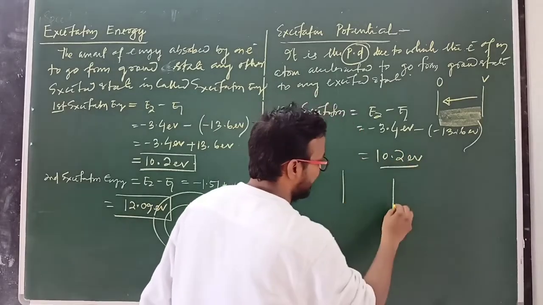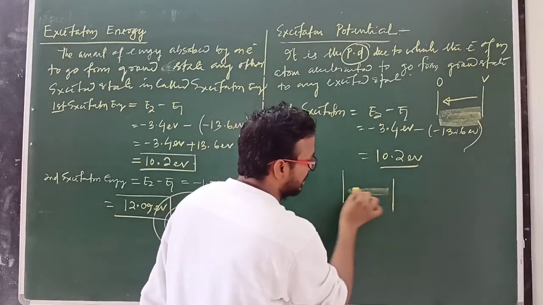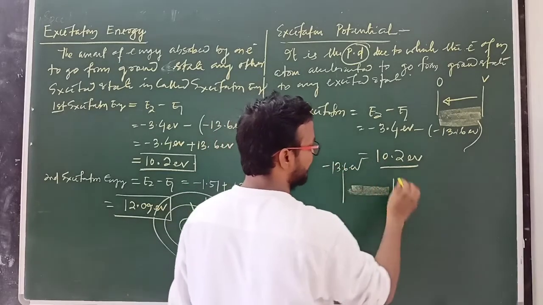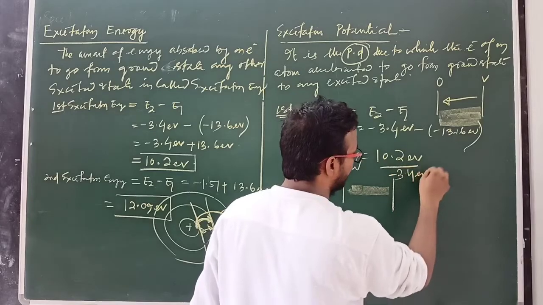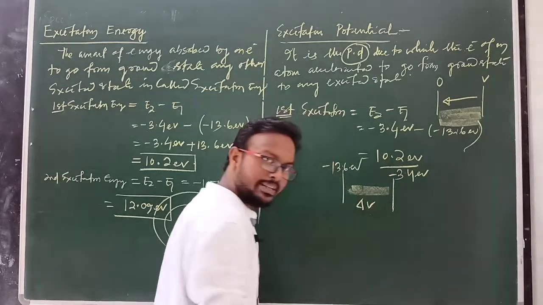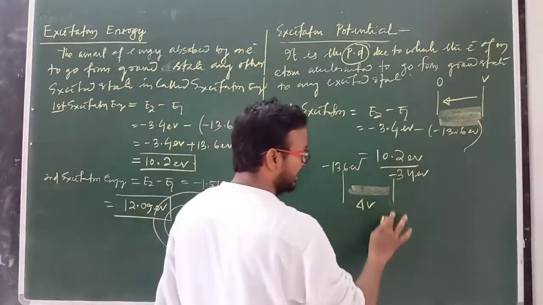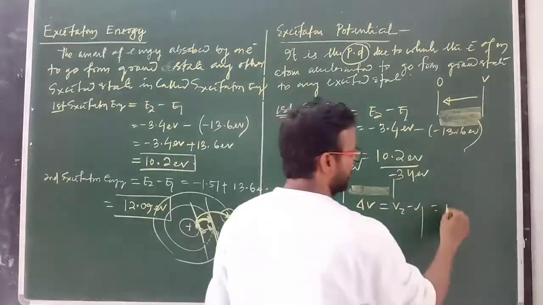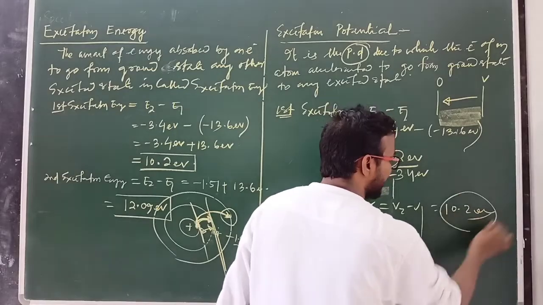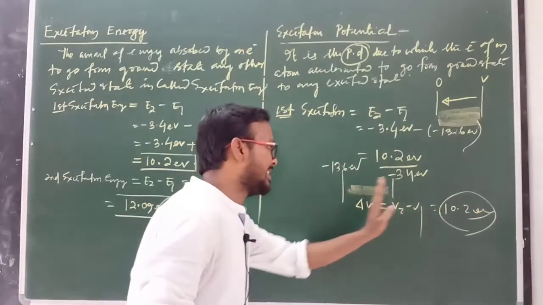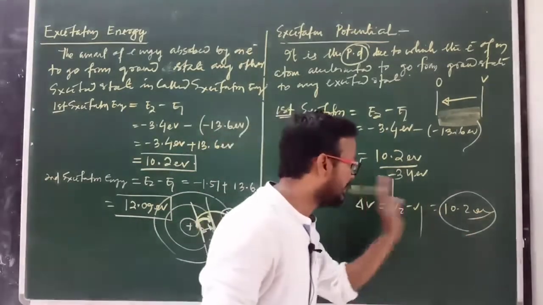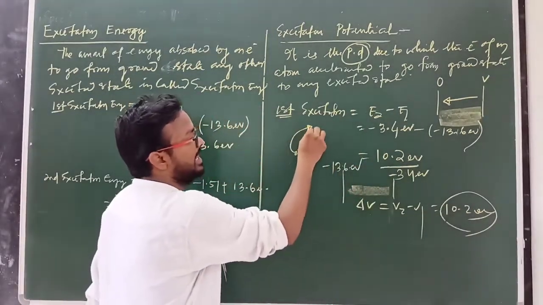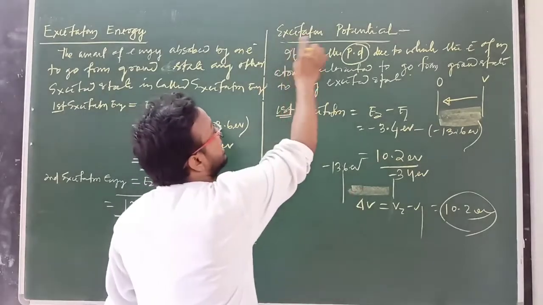That means if we apply a potential difference between these two points, because here is minus 13.6 electron volt and here minus 3.4 electron volt, delta V means the potential difference V2 minus V1, or E2 minus E1, which is equal to 10.2 electron volt. If the potential difference between the two levels is 10.2 electron volt, then the electron jumps from the ground state to the first excited state, and that is known as the excitation potential.